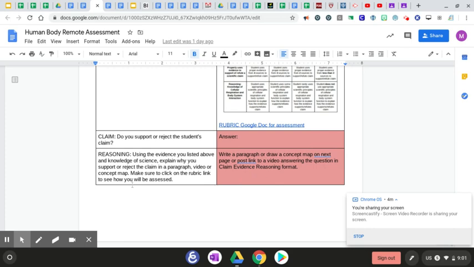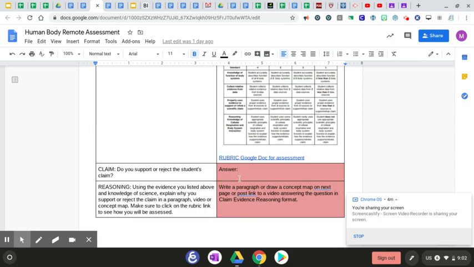And then this is the part where it's the actual assignment, the reasoning part. You're using the evidence listed above, your knowledge of science, body systems, explain why you support or reject the claim in the paragraph. You can write it as a paragraph, you could do a video, concept map, but make sure it's in claim, evidence, reasoning format.